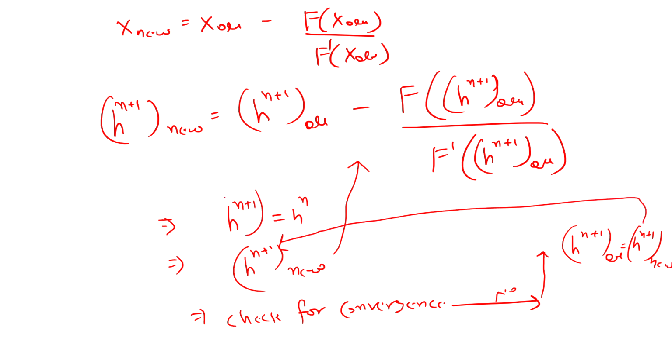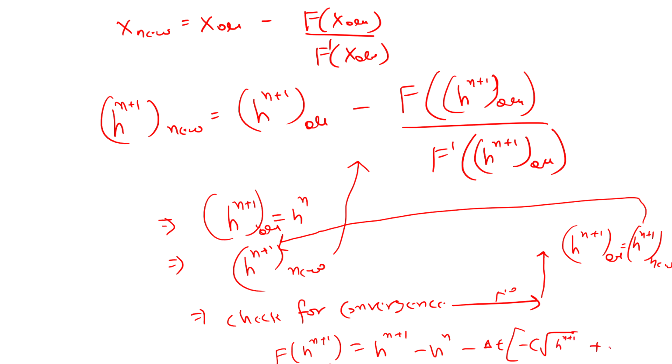This is an iterative scheme. With this iterative scheme, we will calculate h^(n+1) new. Here remember that my function f of h^(n+1) is nothing but h^(n+1) minus h^n plus delta t c root h^(n+1) minus delta t f of t^(n+1), since we are trying to find the solution for this.